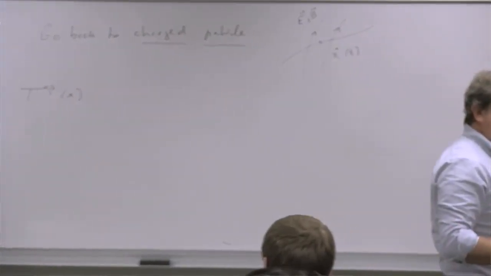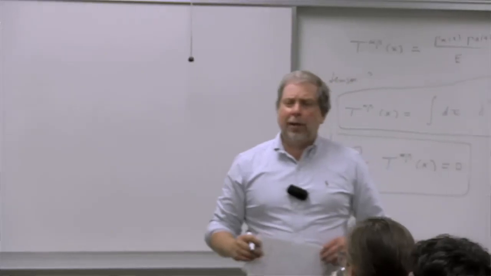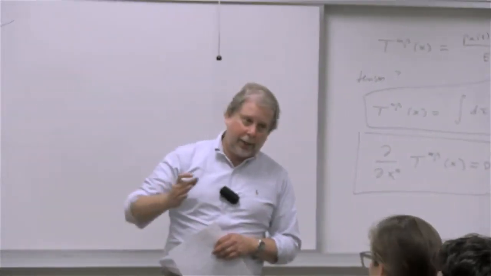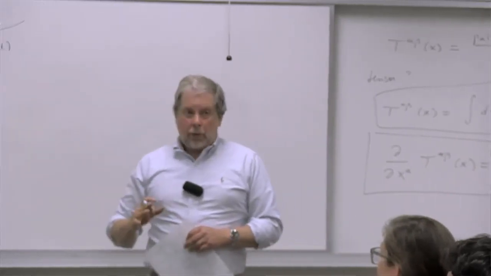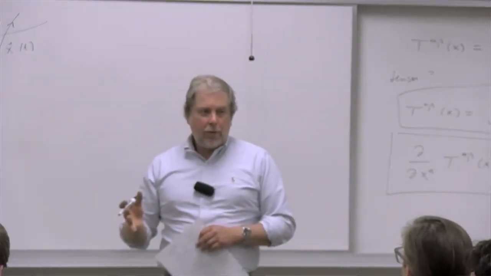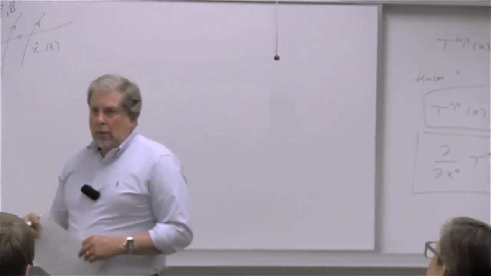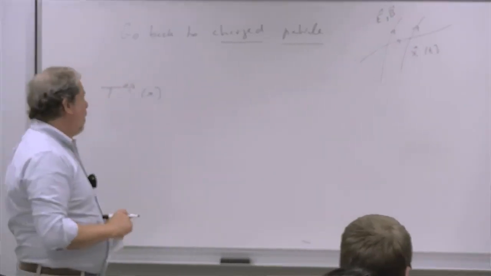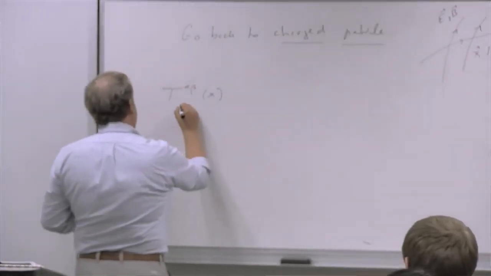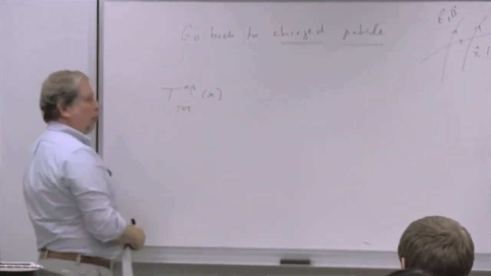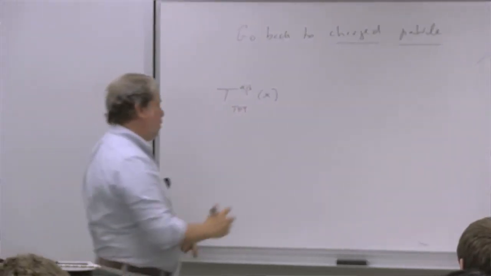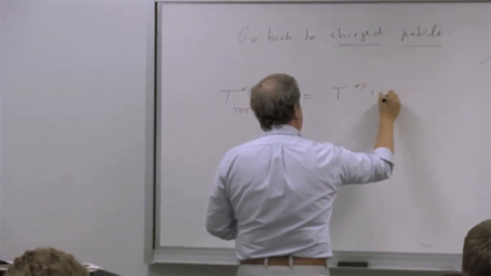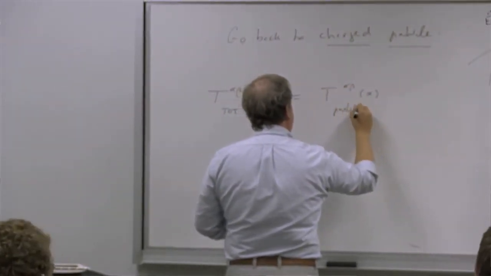Because if the particle is in an electromagnetic field, then we do have the energy momentum tensor that is associated with the particle, which has to do with its momentum and energy. But we have another component, which is the energy momentum associated with the electromagnetic field, right? Very good. So that means that we should really talk about the total energy momentum tensor, and that will be the T alpha beta of x that refers to the particle, right?